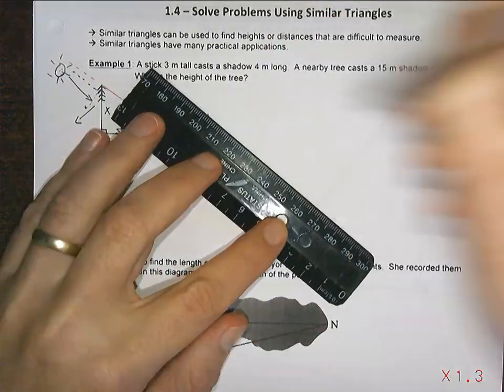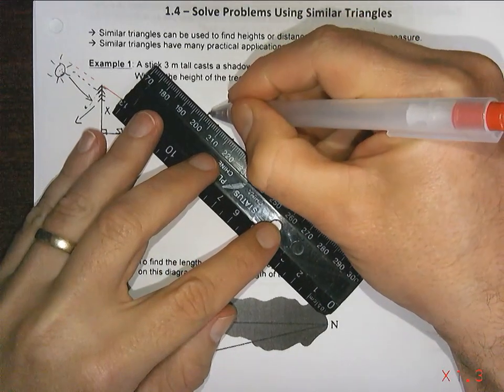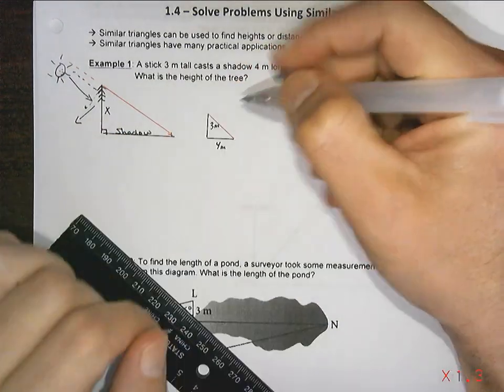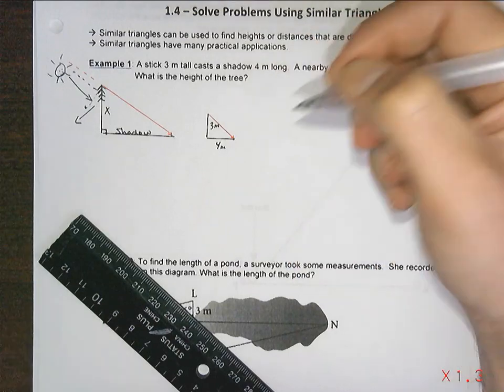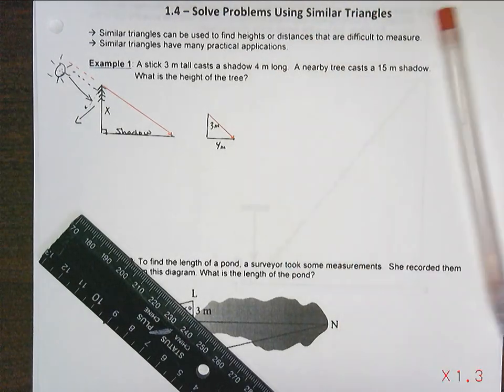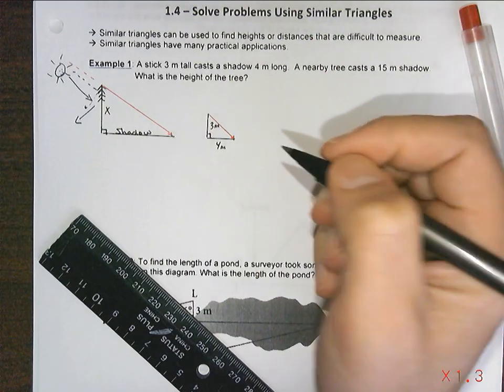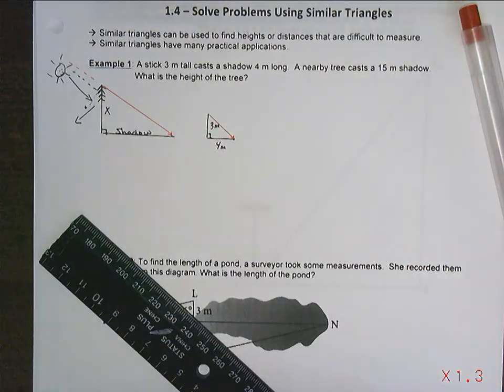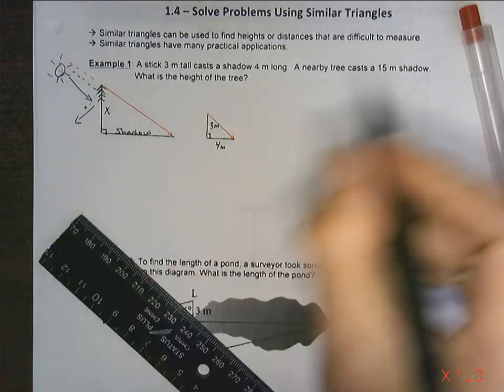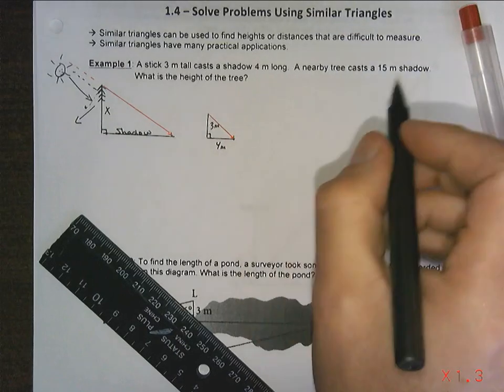It's happening at the same time as our tree is making its shadow, so the sun is at the same place in the sky. Our stick is also making 90 degrees. When we look at these two triangles, it seems fairly obvious that we're looking at similar triangles, but we may need a little bit more convincing of that.